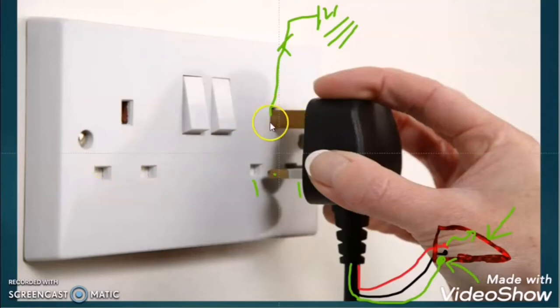If someone inserted the earthing pin of the plug into the phase pin of the socket, then we are giving direct power supply to the body of the load. The power supply will go to the earthing pin, and as the earthing pin wire is connected with the body of the load, the body of the load will attain high potential, and if someone touches it, he will get electrocuted.